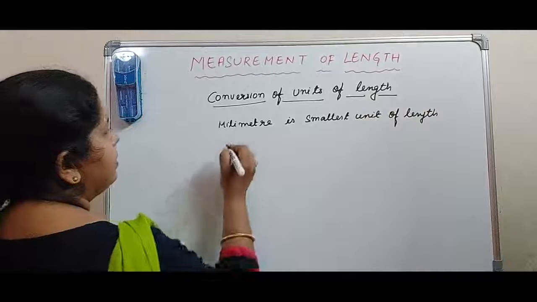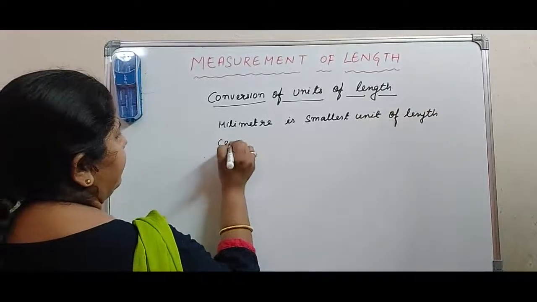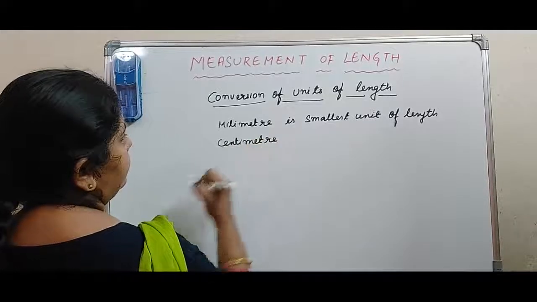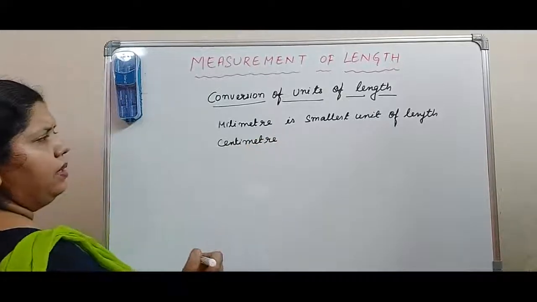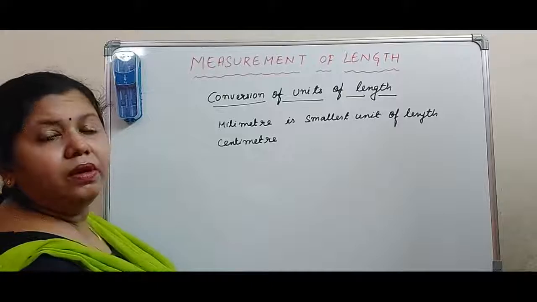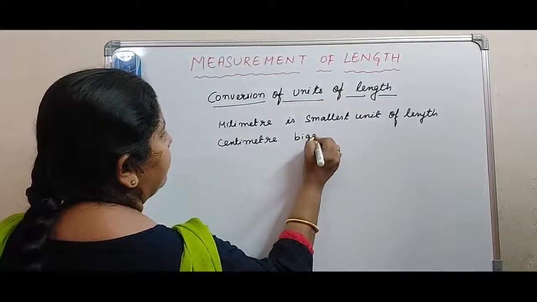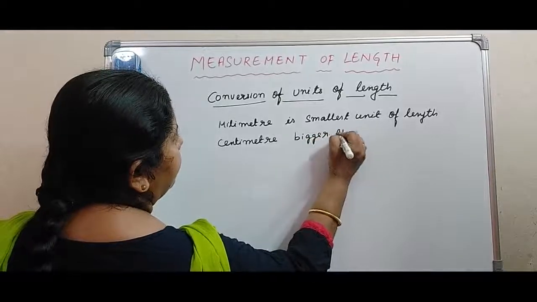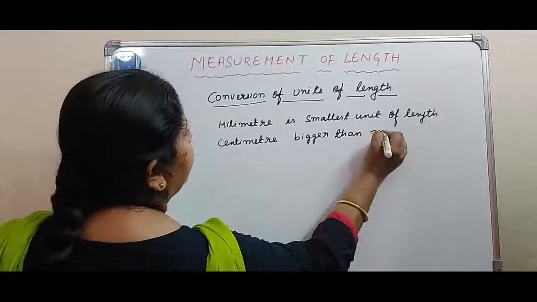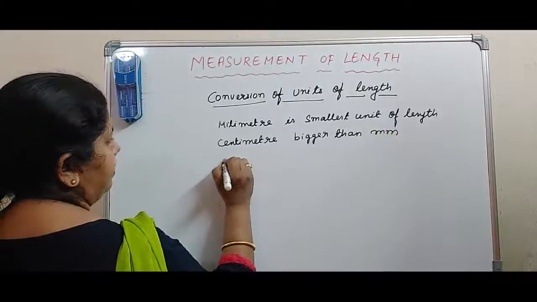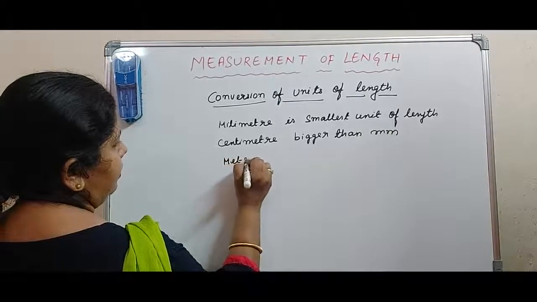After that comes centimeter. Centimeter is bigger than millimeter. Then comes meter.